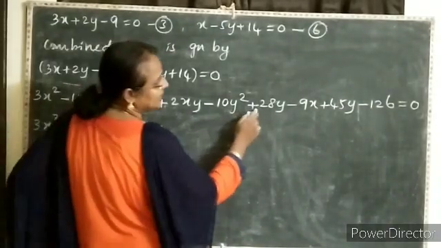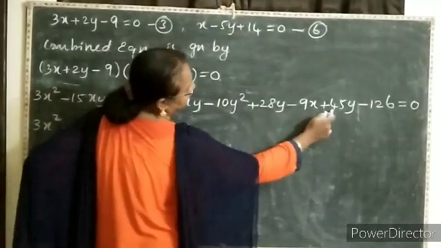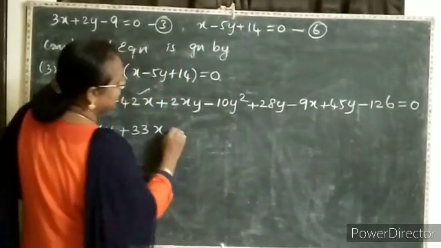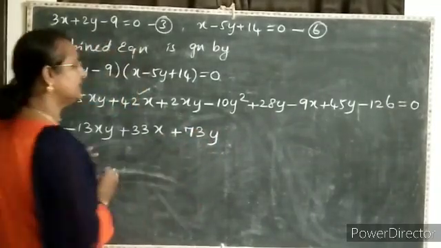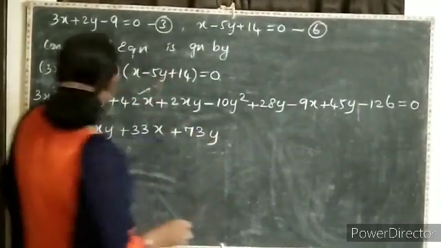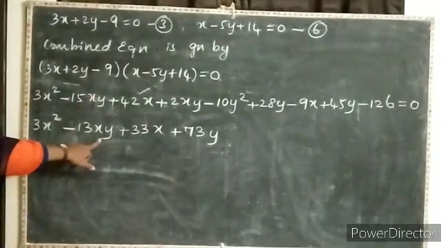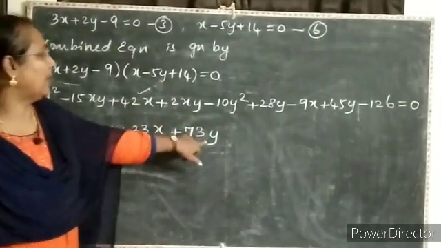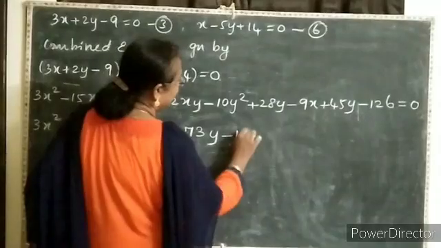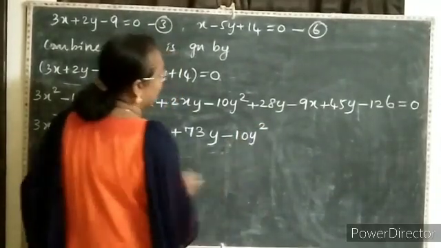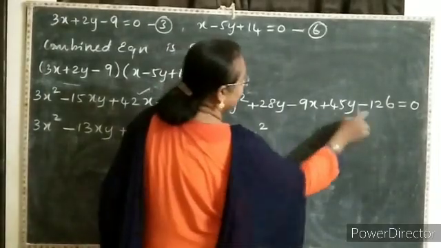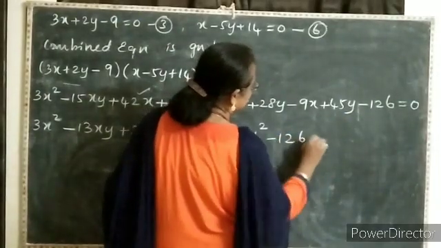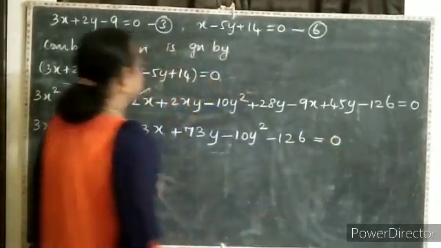Now I have 28y and 45, so I will get plus 73y, isn't it? So I have completed x squared term, xy term, x term, y term. Now minus 10y squared. Now the constant term. Constant term is how much? I get minus 126 is equal to 0.